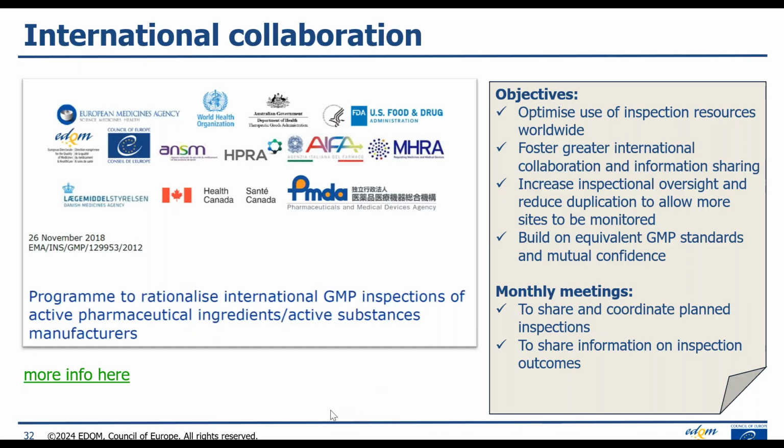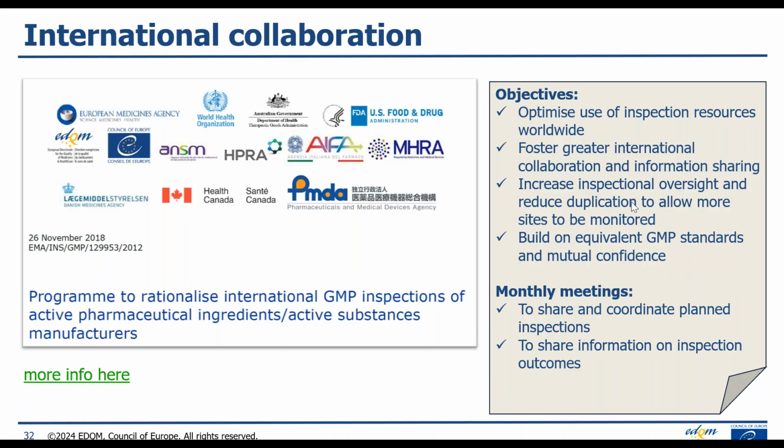So we participate in a monthly telecon with all of these authorities listed here. And again, you can find more information here through this link. I think this is on the EMA website. So the objectives of this group would be to optimize the use of inspection resources worldwide, and foster greater collaboration and information sharing.